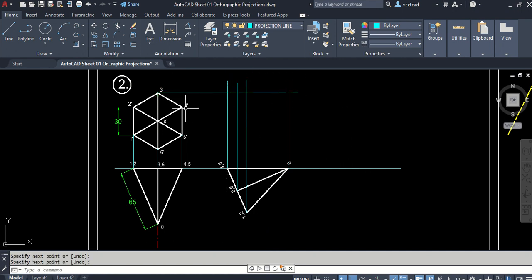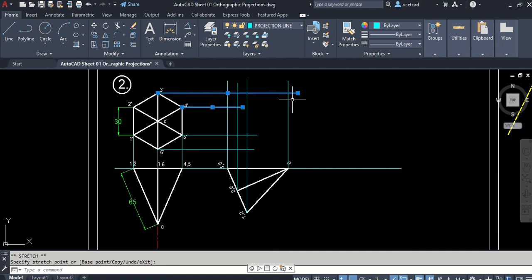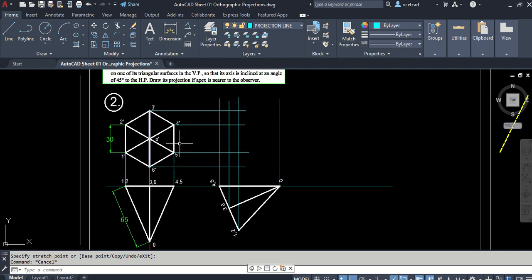Take horizontal projections from front view. Okay, after taking the projections, take the projection of the axis.